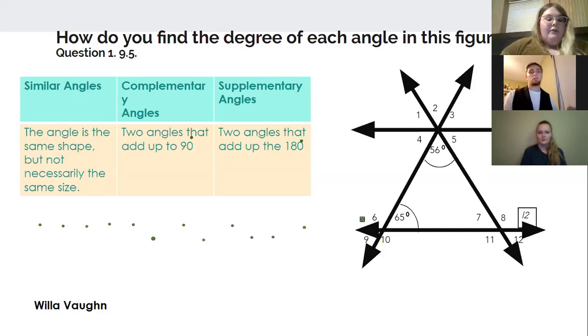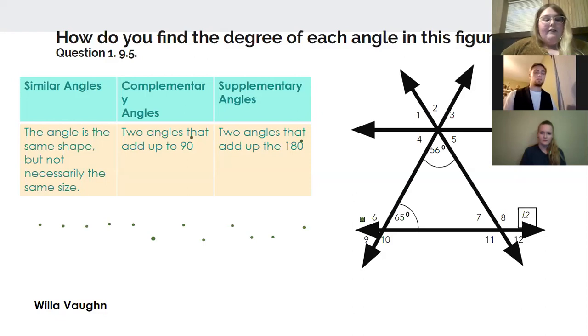Okay, so then we're going to take angle 2, which is right here. Angle 2 is the opposite angle of the angle that is 56 degrees right here, so it's the vertical angle. With the vertical angle, that means angle 2 is going to be equal to 56 as well, because the vertical angle is also going to be the same.